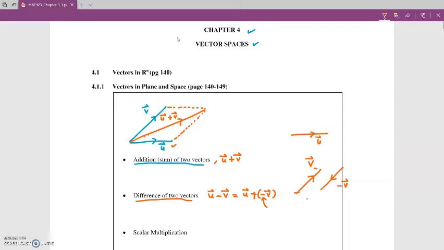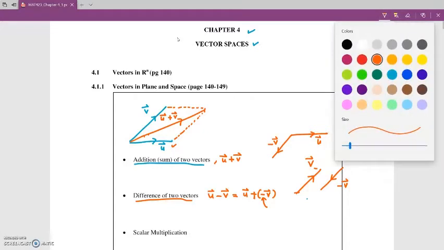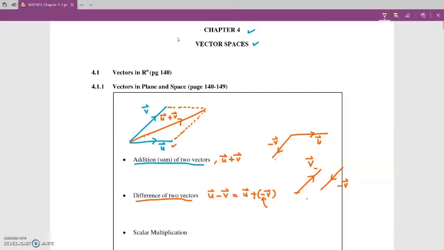And then we have vector negative v here. We translate vector u, we translate vector v. So, we have this line. So, this is vector u minus vector v.